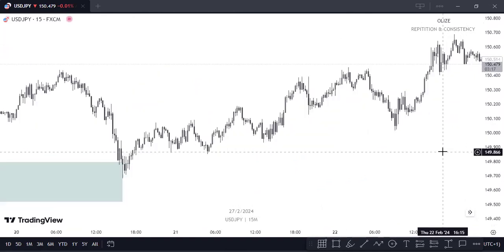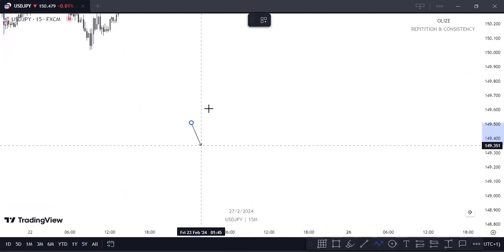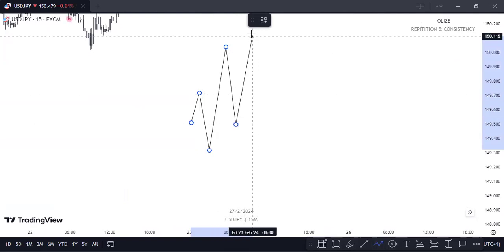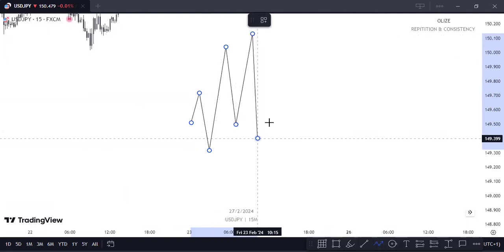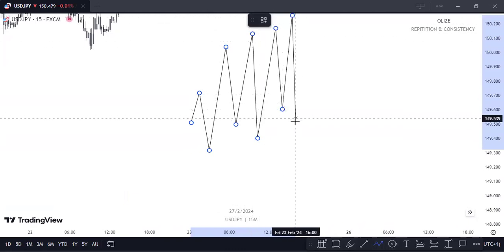And where I started marking out my POI, I remember I showed you guys this about trading. Once price takes out liquidity, you come look for a new one.